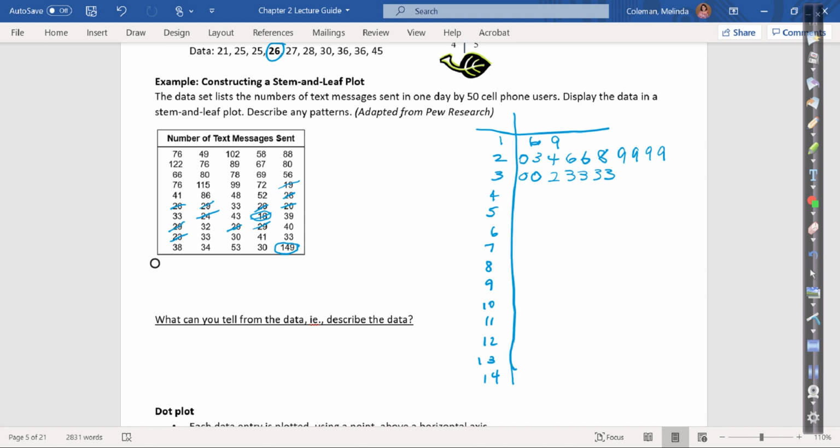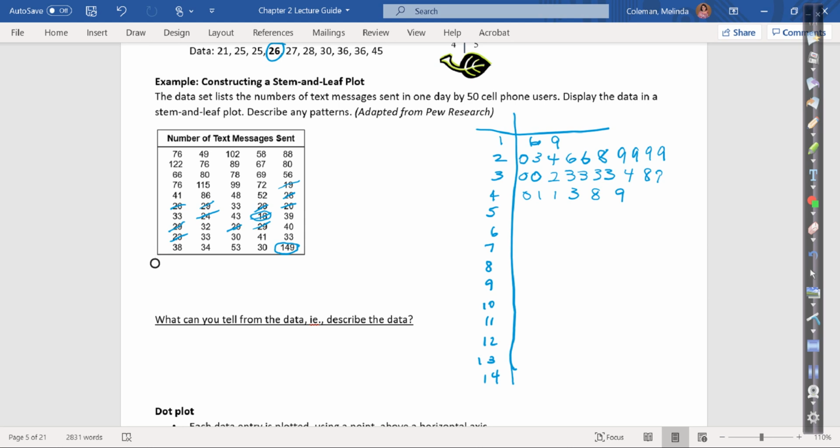We have a 34, a 38, and a 39. For the 40s, we have 40, 41 twice, 43, 48, and 49. I am leaving a little bit of a gap between the numbers here so that they can be easily distinguished. As long as you know what you're trying to accomplish, just leaving a little bit of space should work for your display.